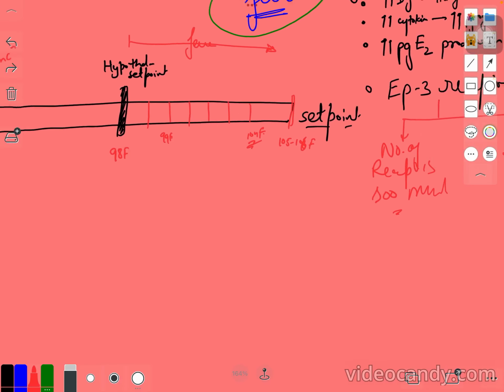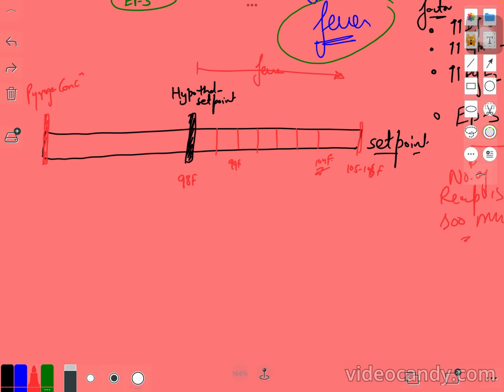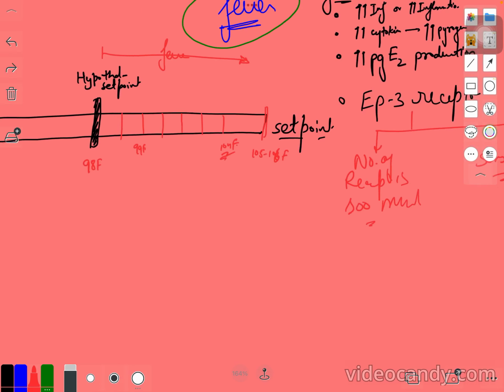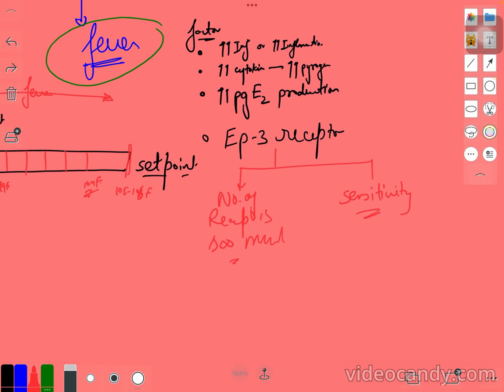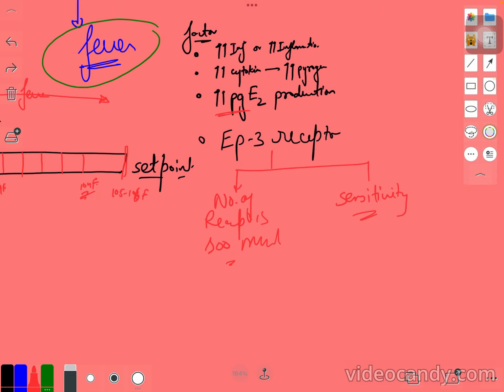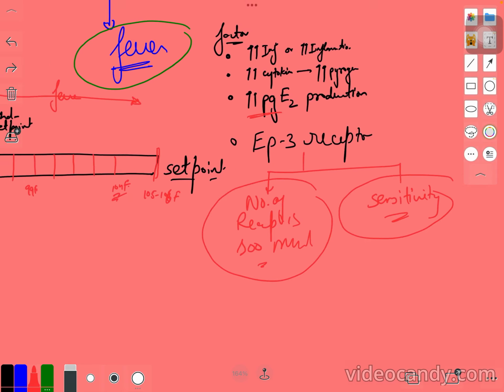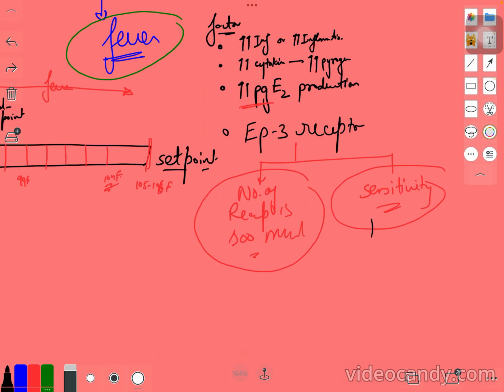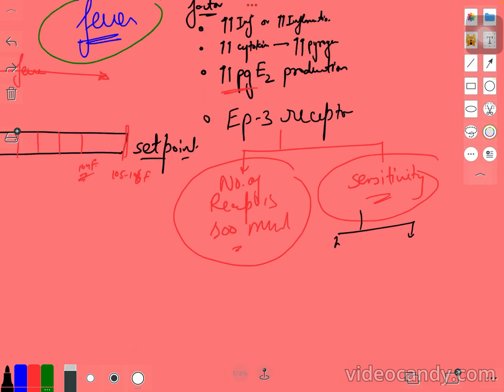So it totally depends upon how the fever is actually affecting the patient. It depends upon how this prostaglandin E2 is acting on the number of receptors, and whether they are highly or less sensitive.